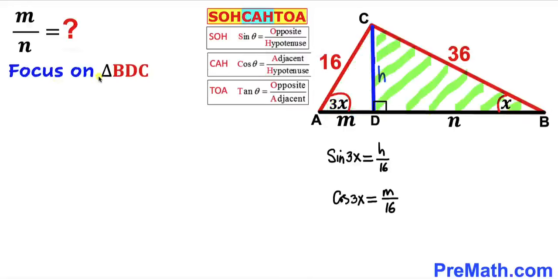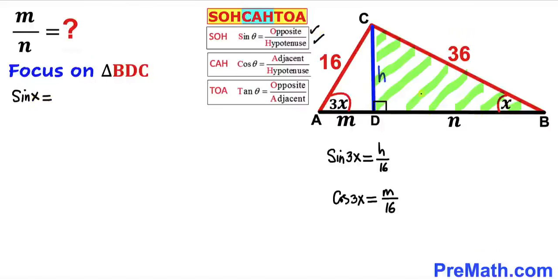Here's our next step. Let's focus on this other right triangle BDC. We use SOHCAHTOA once again, and this time we are interested in sine of x and cosine of x. Sine of x is equal to opposite divided by hypotenuse.